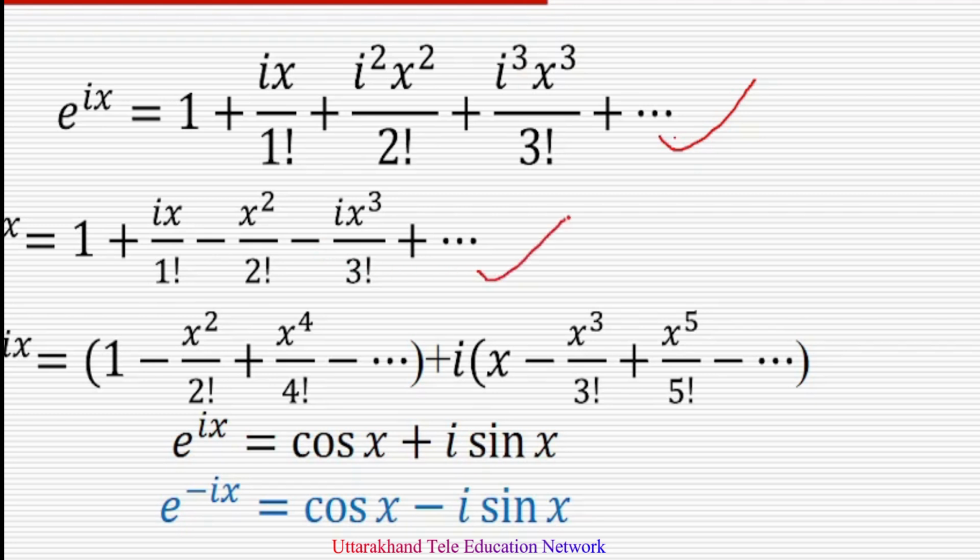If we separate this expression into real and imaginary parts, then e raised to power ix is 1 minus x square over factorial 2 plus x to the 4 over factorial 4, and so on, plus i into something like this. We see that the expression in the first bracket is nothing but cos x, and the expression in the second bracket is nothing but sin x.